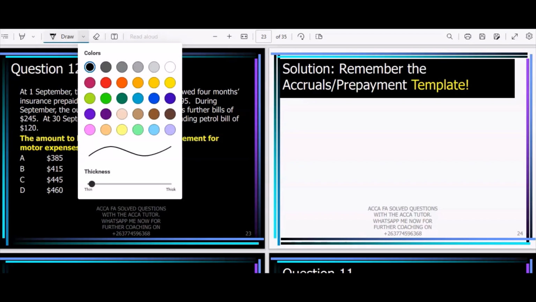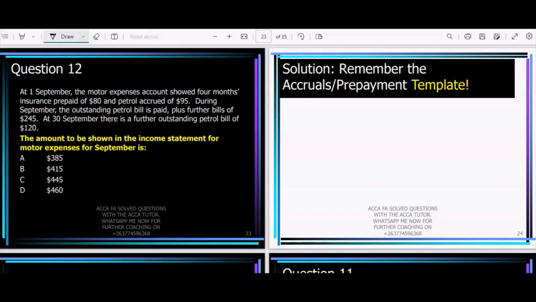You can just have the expense template in your mind, and everything will be home and dry. We've got the income template and the expense template. Because this one is an expense question, let us recap the expense template here.